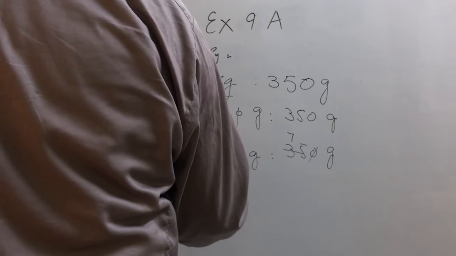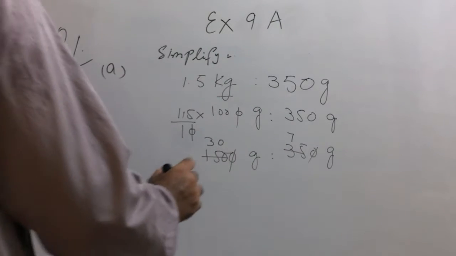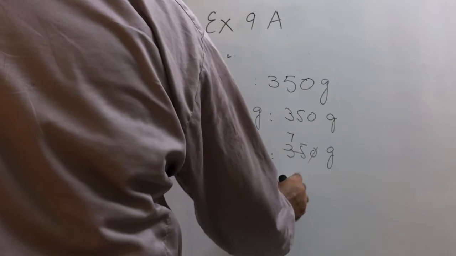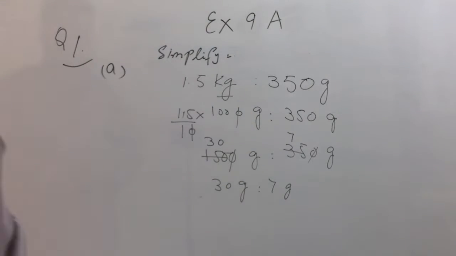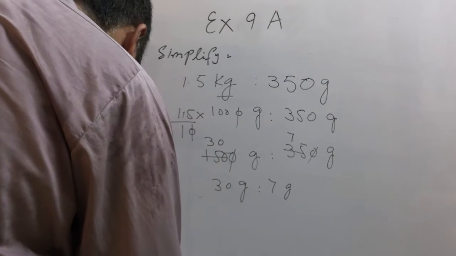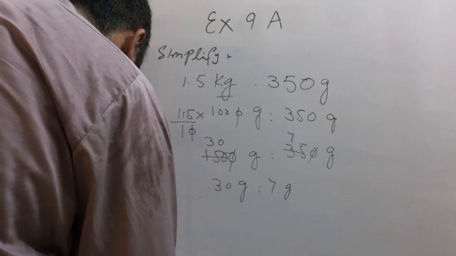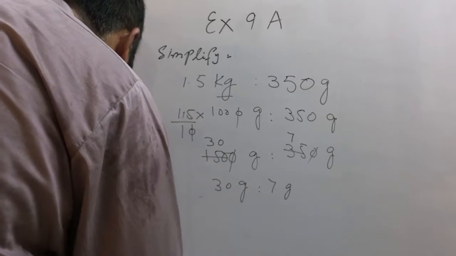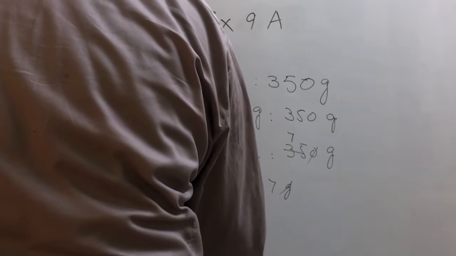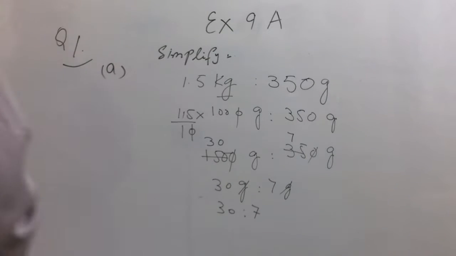Here 5 threes are 15 and 0. So this is the simplest figure, 30 ratio 7, because we cannot further simplify this one. So gram goes with gram, so 30 ratio 7 is the answer.